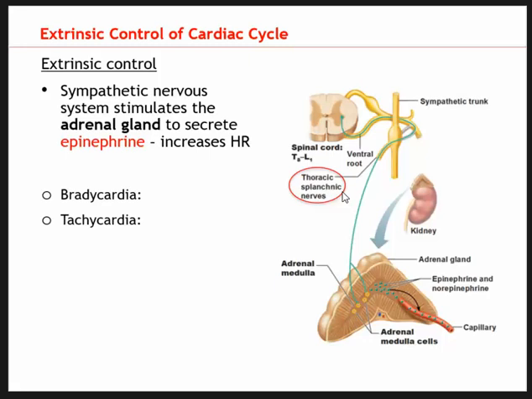The 60 to 100 range is considered normal sinus rhythm throughout the day, because we know it changes throughout the day with exercise and rest. So less than 60 for brady, greater than 100 for tachy.